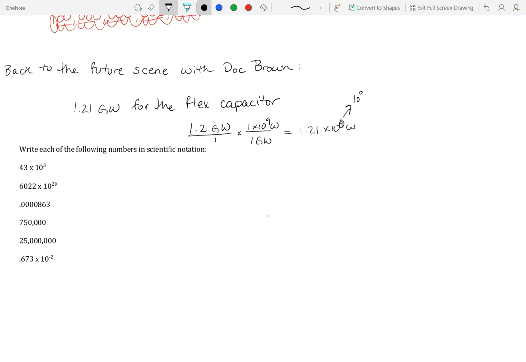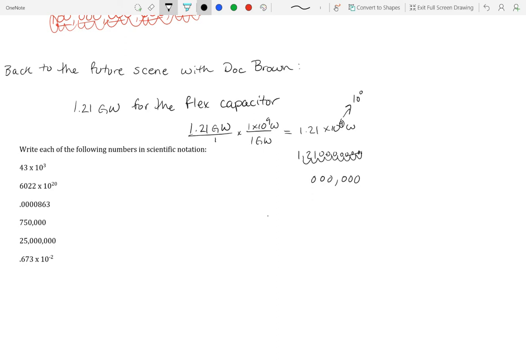So let's go ahead and write this out. 1.21, and we're trying to move this over to the right 9 spots in order to get to 10 to the 0. So 1, 2, 3, 4, 5, 6, 7, 8, 9. So this number is, let's see, 3 zeros, another 3 zeros.